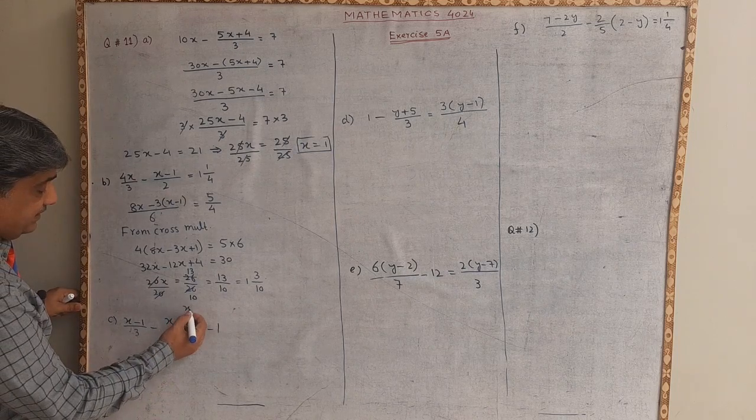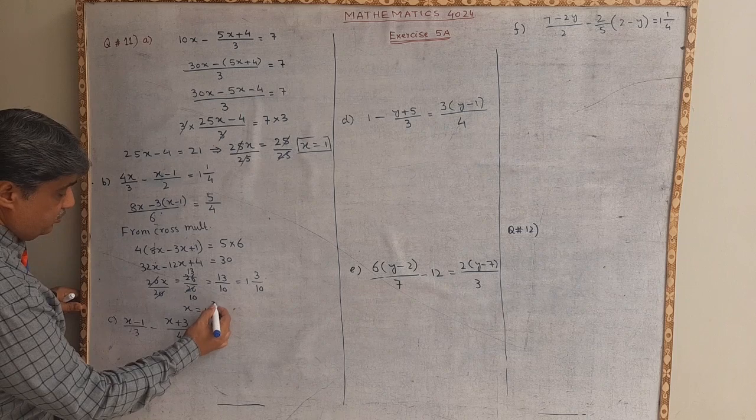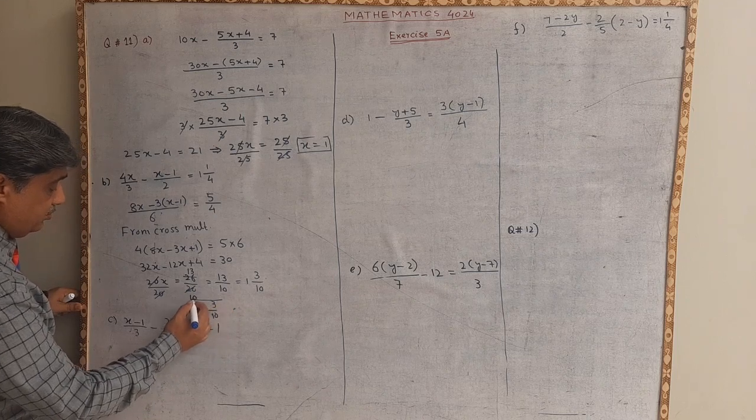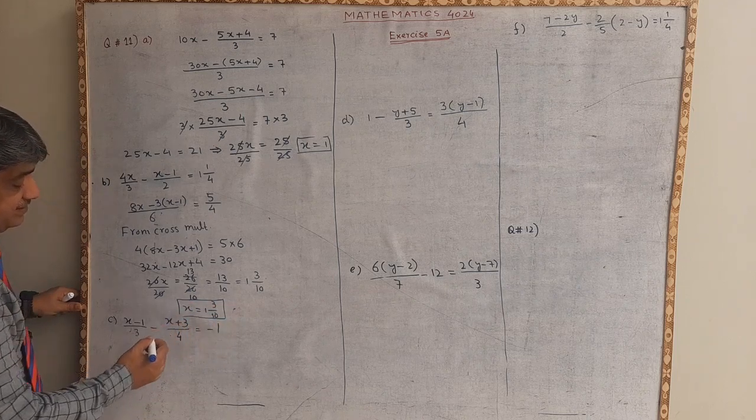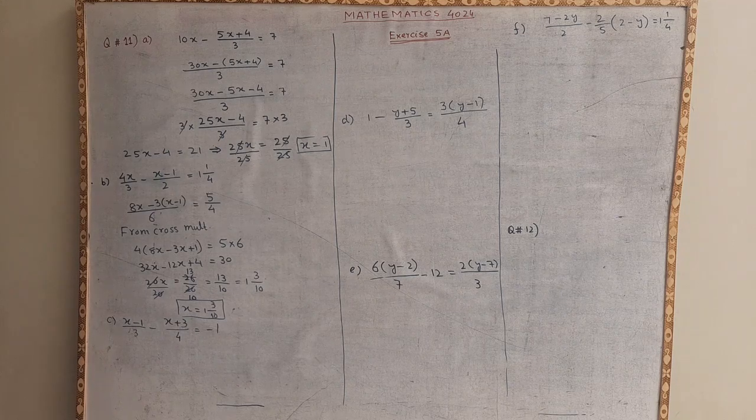So we can write x is equal to 1 whole 3 over 10 is the ultimate answer.